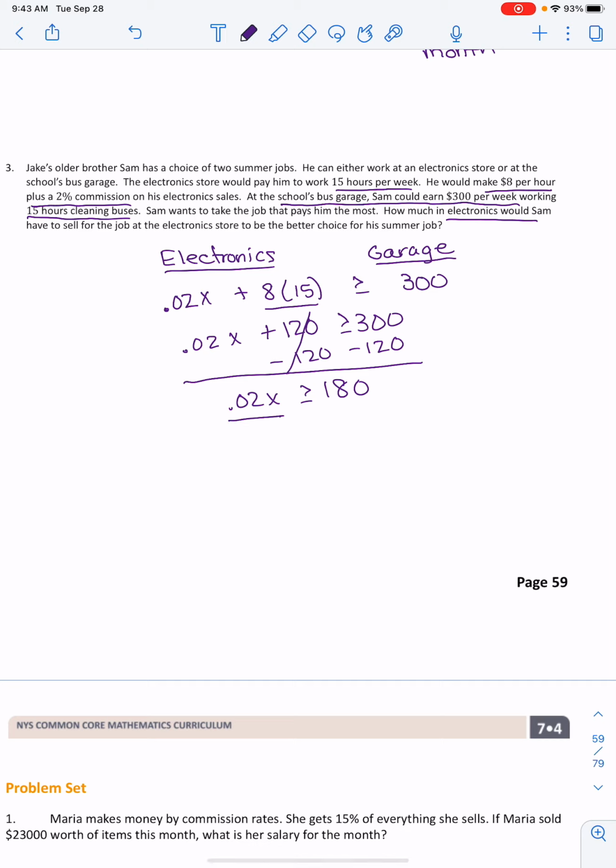And then if I divide both sides by 0.02, he would have to sell at least $9,000 in sales to make it worth his while to be in the electronics store. This is the end of the lesson.